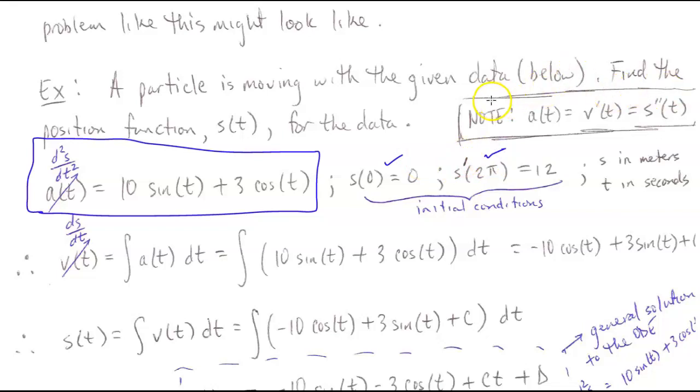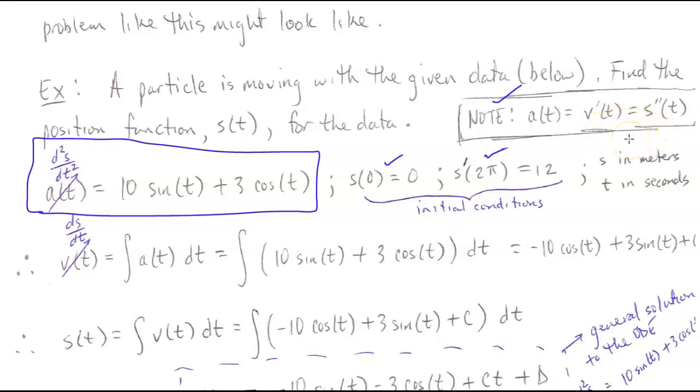Now, note that we know that acceleration is the second derivative of a displacement or position function, okay? And we also know that velocity is going to be the first derivative of a position function. And so the direct antiderivative of acceleration is velocity, and the direct antiderivative of velocity is position or displacement.